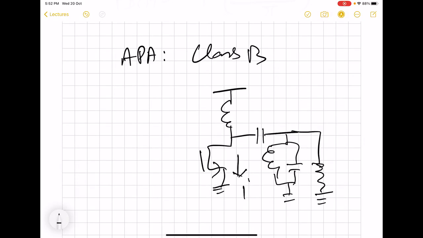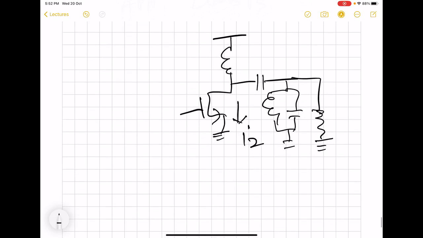So it will be drawing drain current, let us say I2, right? And we have already found out the fundamental of this I2.